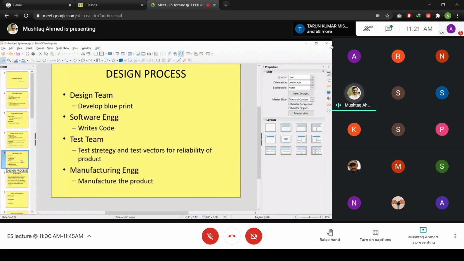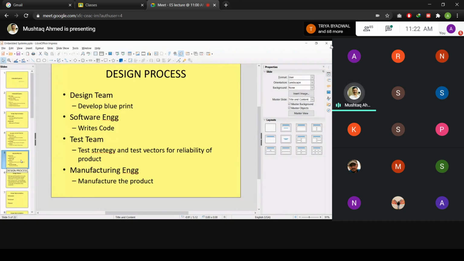Earlier, microprocessors had numbers like 80186, 286, 386, or coprocessors like 80187, 287, 387, something like that. After that, they changed the name of the processor to Pentium.